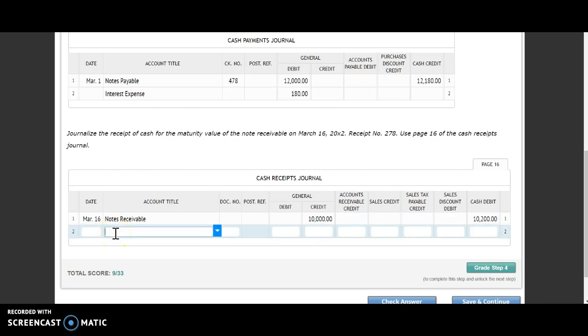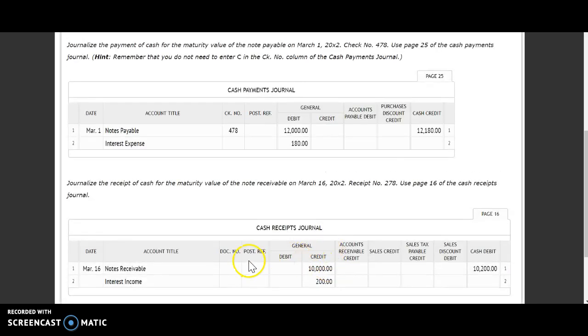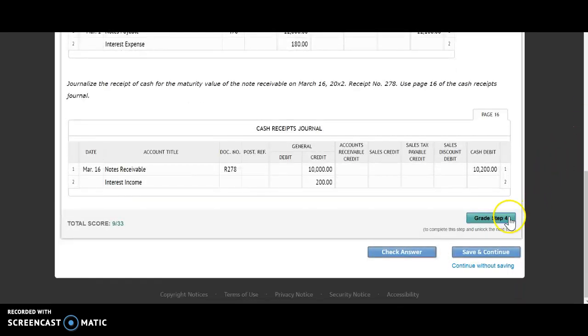And then I'm also going to credit my interest income. That's how much was income, which was 200. Last step then, I'm going to enter in my source document, which is receipt 278. Make sure that my debits equal credits, and I can grade step 4.